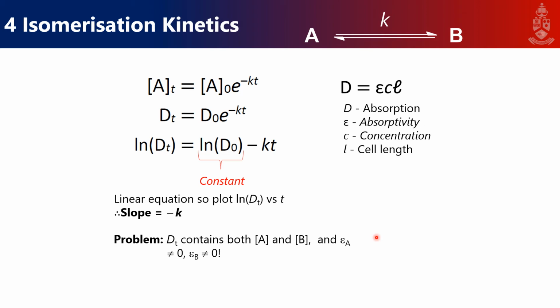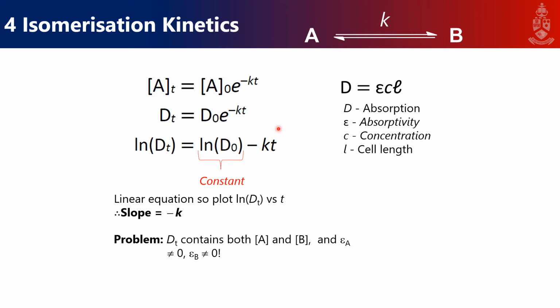It's not that we have a completely discriminatory graph, with one absorbing at one wavelength and the other absorbing at a different wavelength. We have both of them absorbing at the same wavelength still. We just have a good difference between the two. One is strongly absorbing and the other is not as strongly absorbing, but we still have a contribution from both of them at that wavelength.